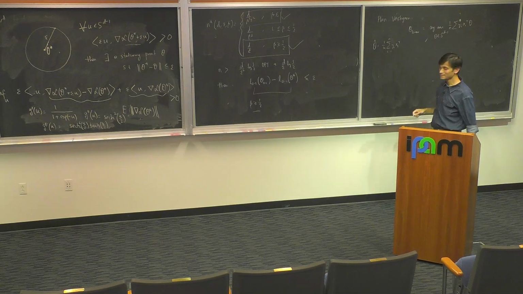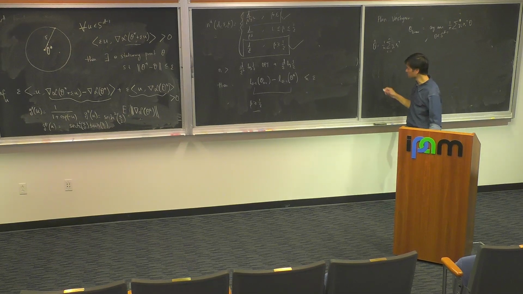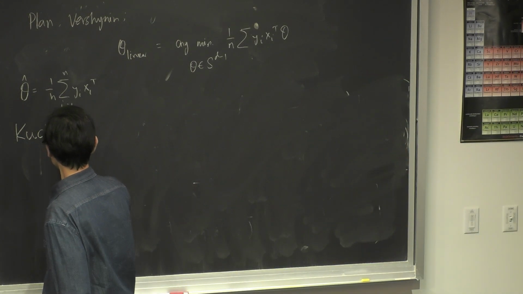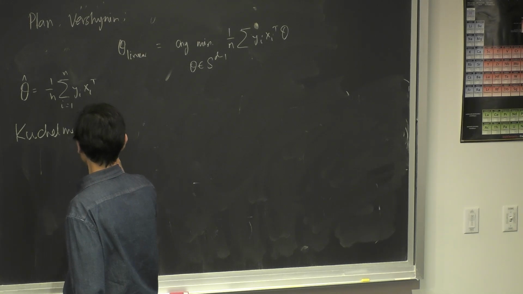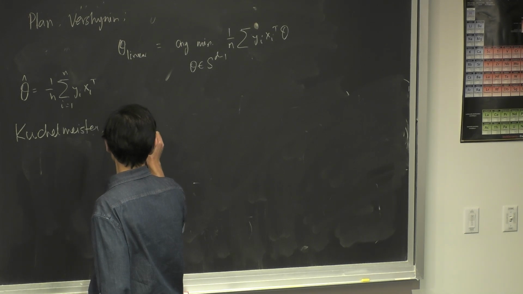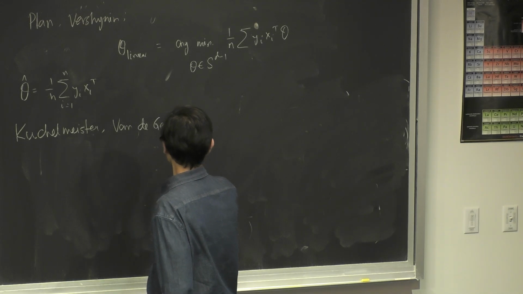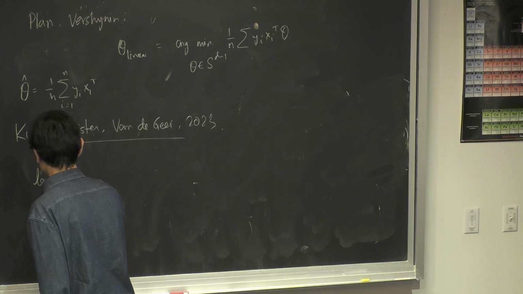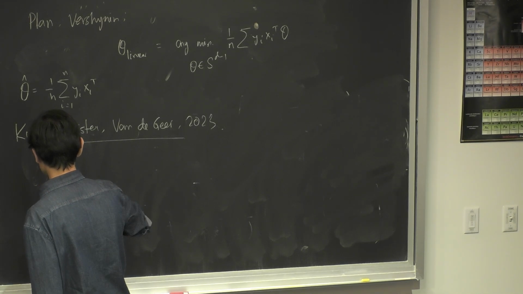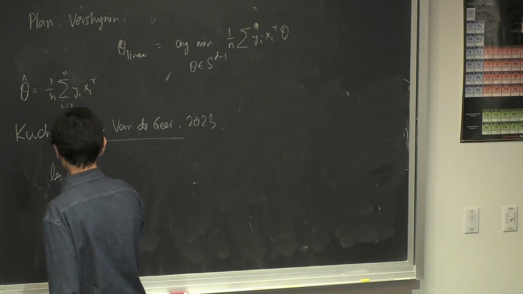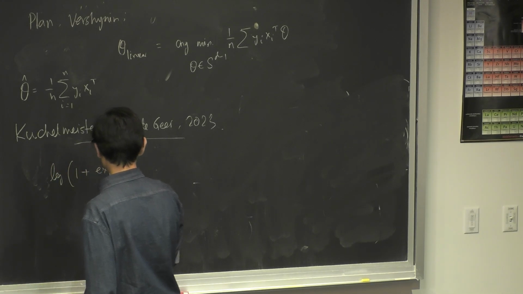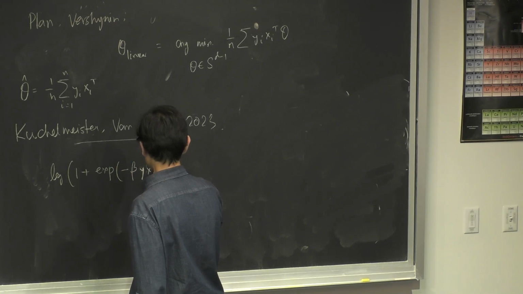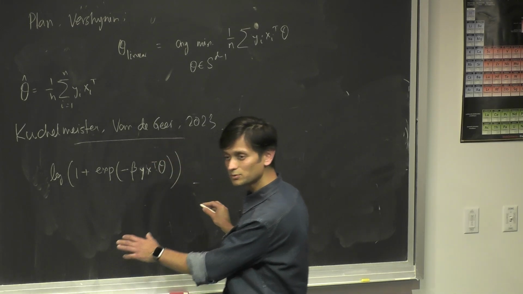Ultimately, this worked out because of an observation that was made in this paper by Kuchelmeister and van de Geer, 2023. They said that the logistic loss, if you remember, log of 1 plus exponential of, in our terms, minus beta y x transpose theta, can be divided into two parts.